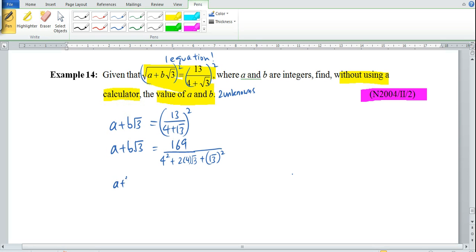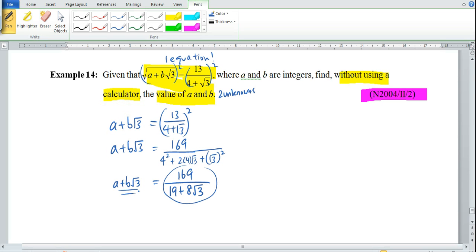And so I can simplify a little bit for the denominator, and I will get it to be 19 plus 8 square root 3. Now, I still cannot compare directly because on this side it's a fraction and my surd is in the denominator, but in this case it is a numerator, so I'm not ready to compare yet.